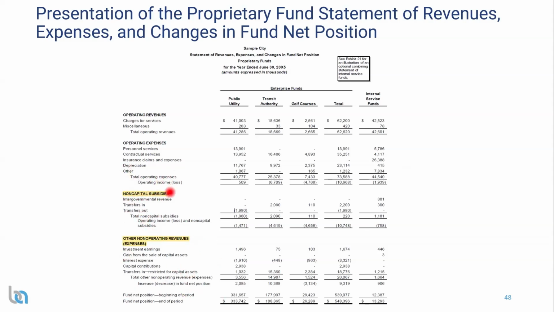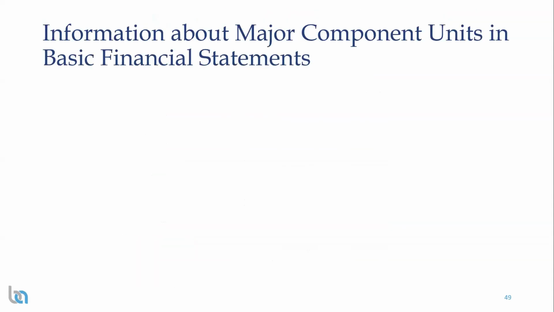Now they're not at the bottom. And intergovernmental revenues like grants and things like that, and transfers in and out, will fall into the non-capital subsidies. And that makes it more consistent with the cash flow statement categories, because in the cash flow statement you have operating, non-capital financing, and investing.